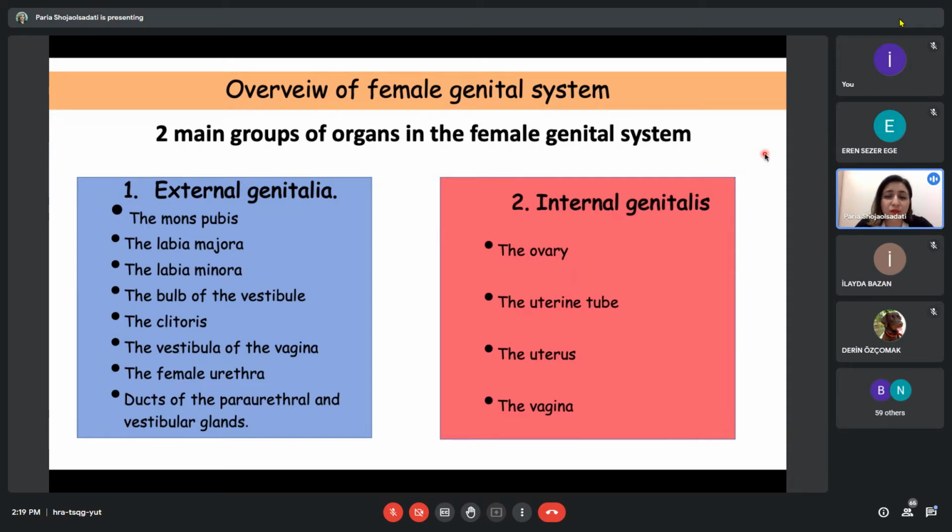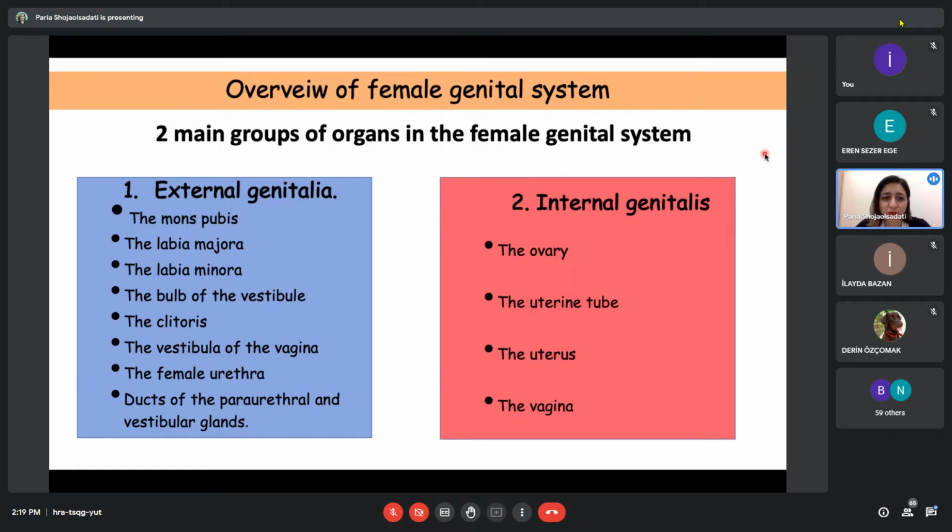If it's female, it's named the internal genitalia of the female; if it's male, it's named, for example, the external genitalia of the male. That is the difference between these two groups.